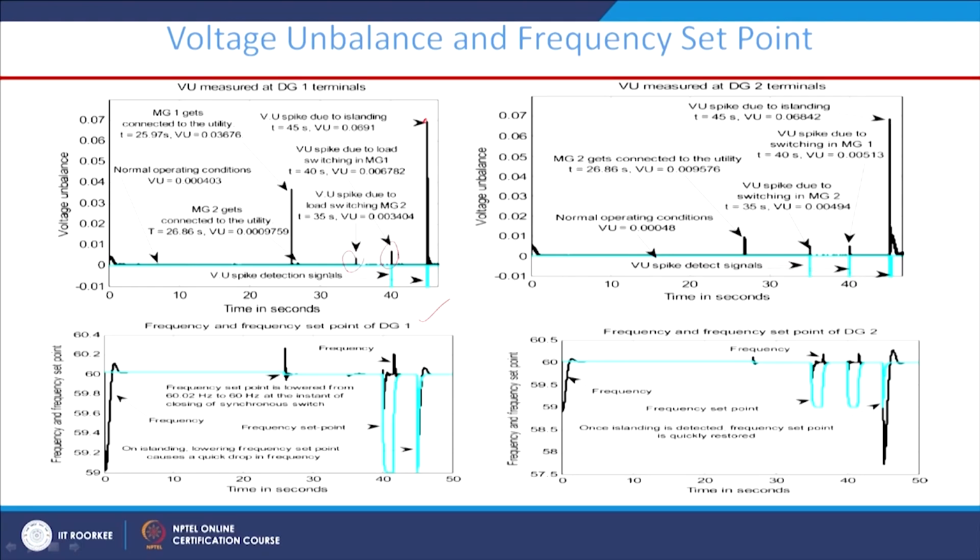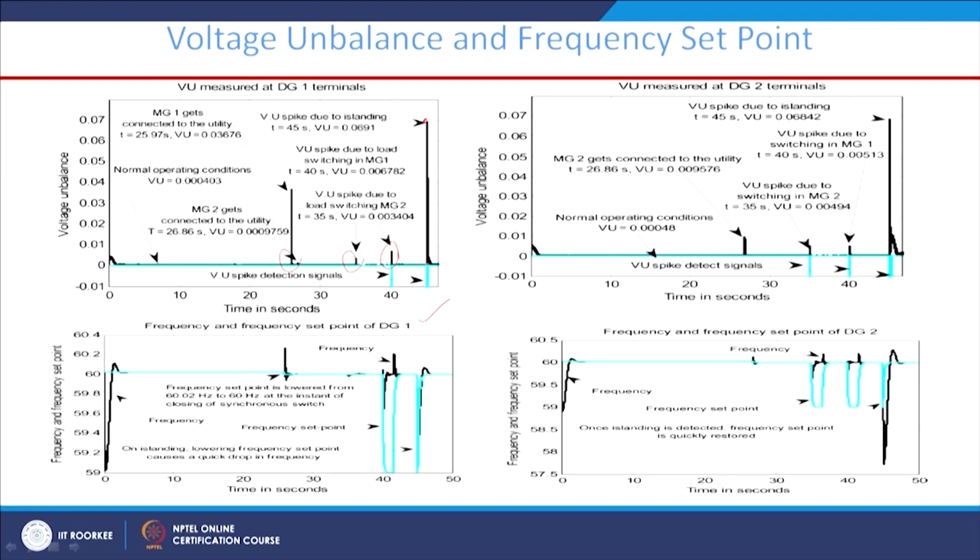In these 2 cases you can see it is crossing the threshold value. And due to this spike, they have set the frequency point from 60 to 59 hertz. You can see here this is 59 hertz.